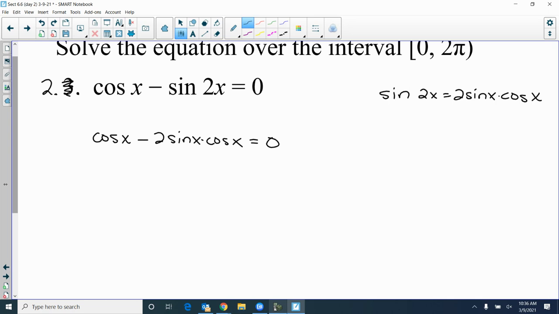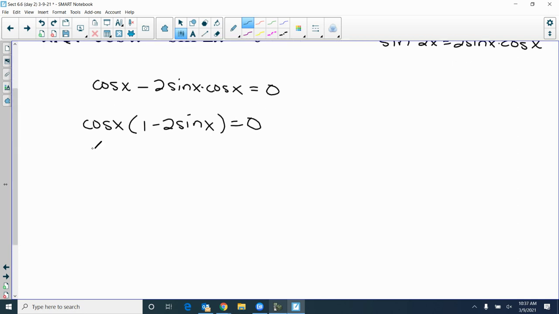Think factor first. So factor out the cosine of x. Because now once it's factored, once you do the zero product property, you can set each equal to 0. If you divide by that cosine, then you lose this answer right here.